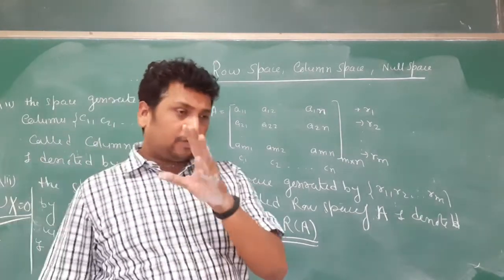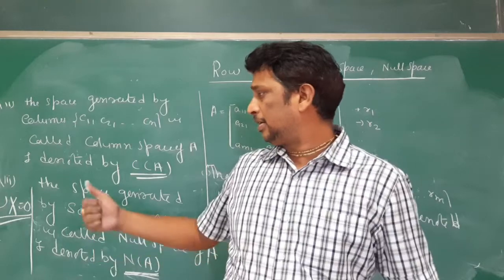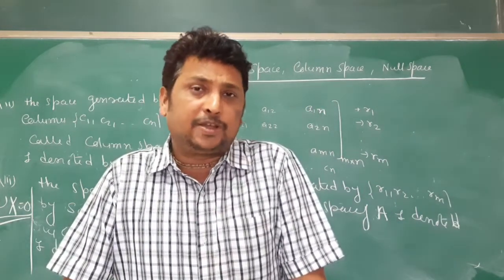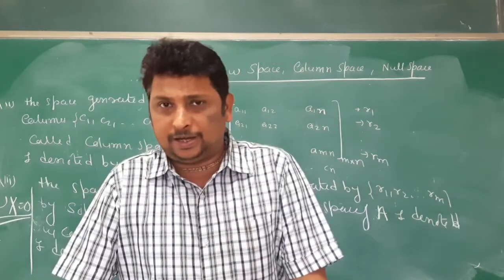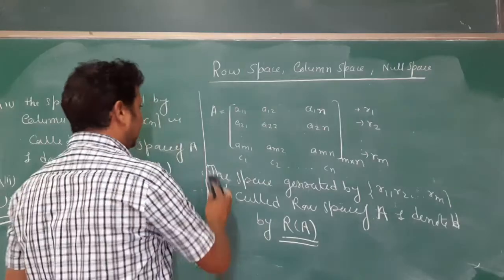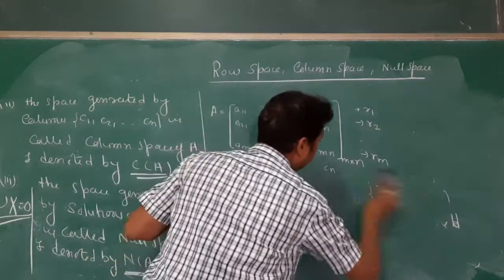So we can calculate the space generated by the solution, that is the null space. How we calculate it, I will explain in this lecture only. Don't worry. We will start with one problem.